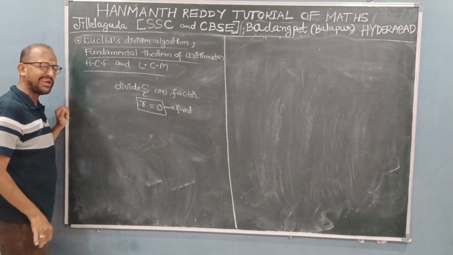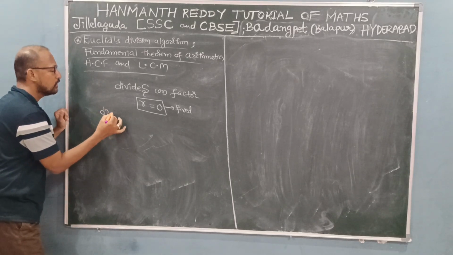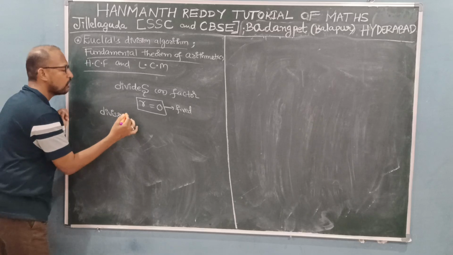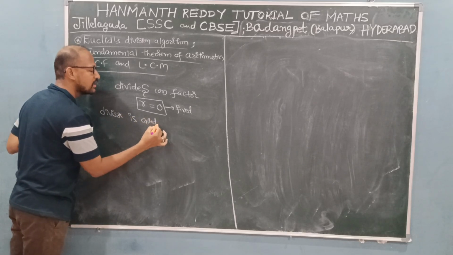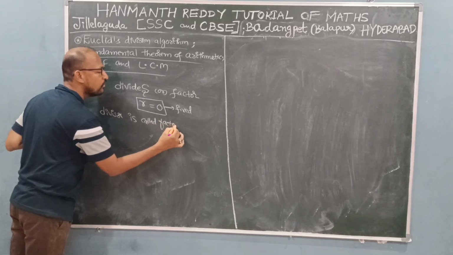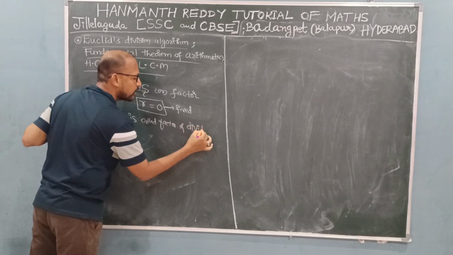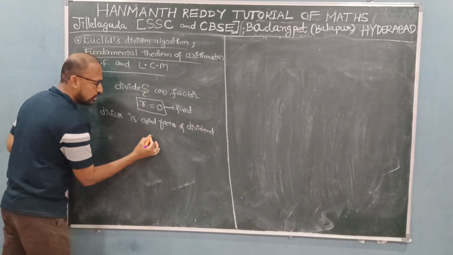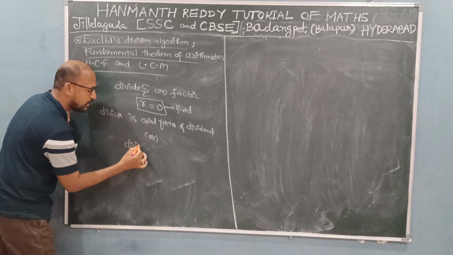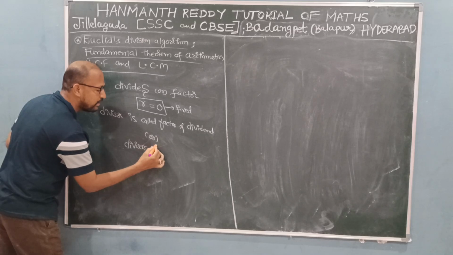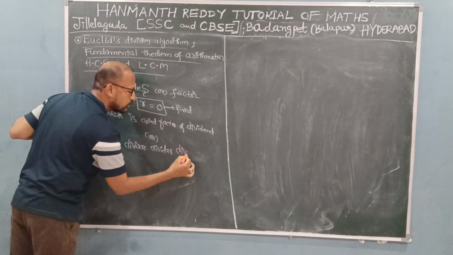If the remainder is exactly 0, then the divisor is called a factor of the dividend, or I can say the divisor divides the dividend.